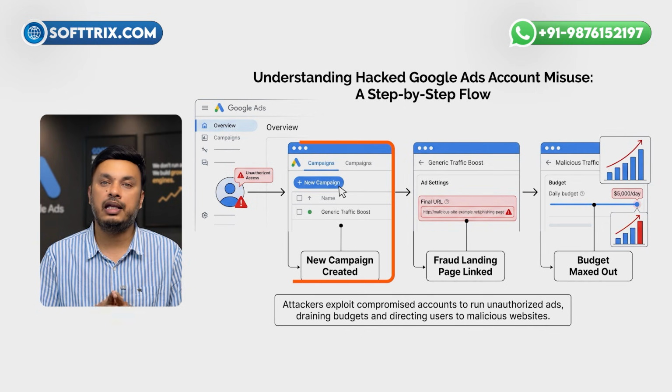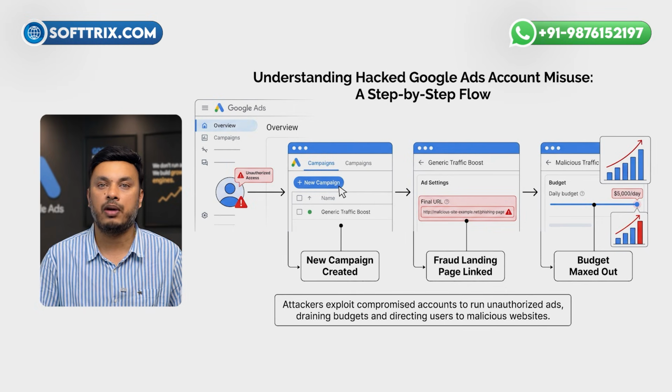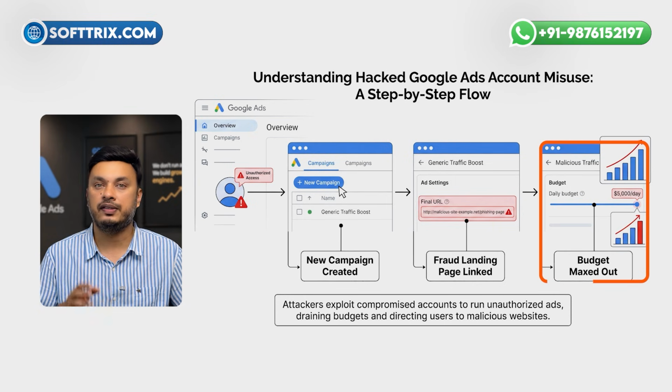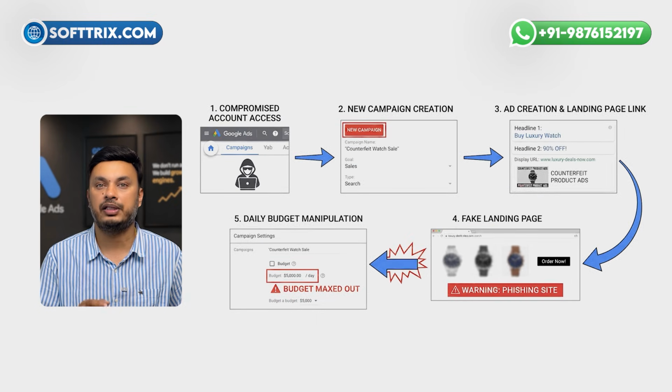From there, they create new campaigns and point them at their own landing pages, sometimes selling counterfeit goods, sometimes running scams, and crank the daily budget as high as the account will allow.